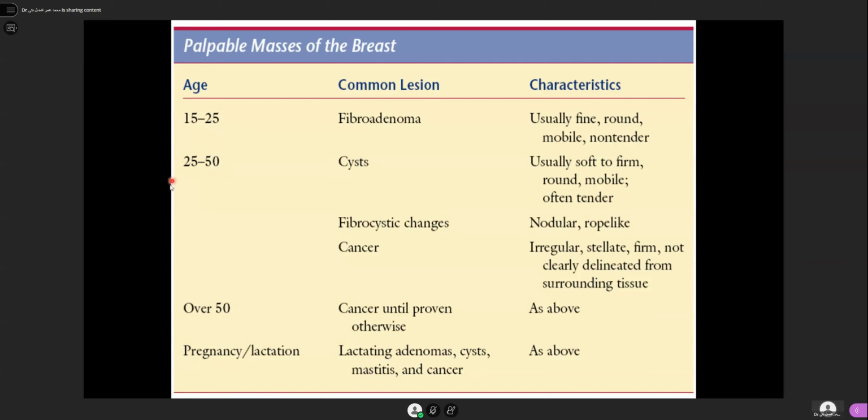If a female develops a breast mass between 25 to 50 years of age, according to the incidence there are more chances of developing cyst, then fibrocystic changes, then cancer. In the last, the cancer. And over 50 years of age, it is considered cancer until proven otherwise. During pregnancy and lactation, females develop lactating adenoma, cysts, mastitis, and sometimes cancer, but more chances of benign pathologies.